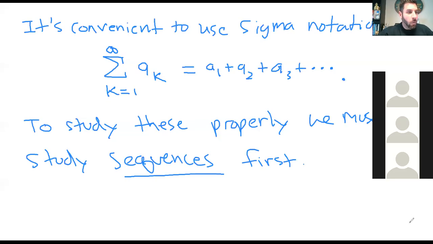All right. So what we need to do now is study sequences. You have to study sequences in order to properly study series. And if we want to study approximation as a subject in and of its own, we have to start with these things. So let me write that down.